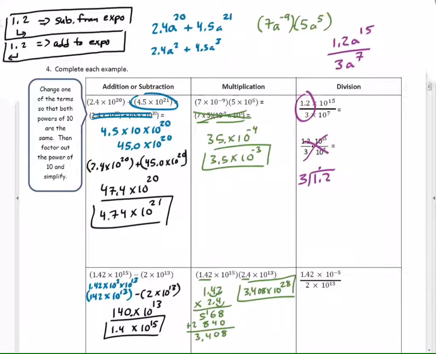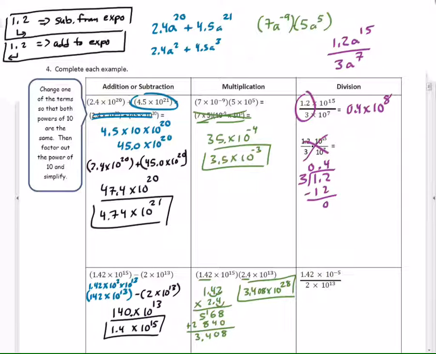I put the decimal there. 1 divided by 3 can't do that, so I put my 0. 12 divided by 3 is 4. You ignore the decimal when you're doing all this. I subtract, I get 0, so I have 0.4 times 10. And what do I do with these exponents? Subtract. 15 minus 7 is 8.